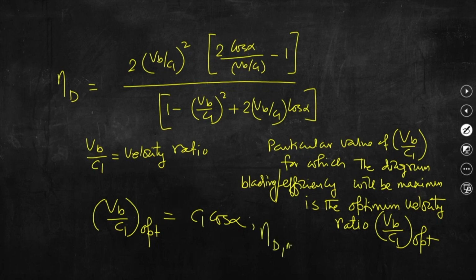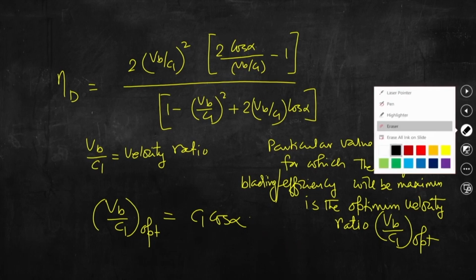eta d maximum, so the maximum diagram efficiency, will be equal to 2 cos square alpha by 1 plus cos square alpha. Let me write it here in the next slide.